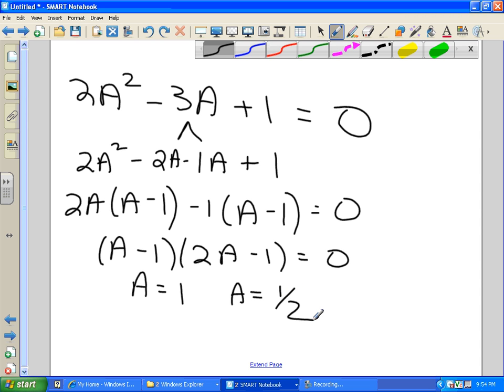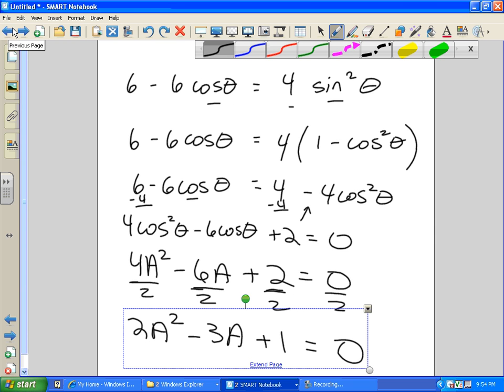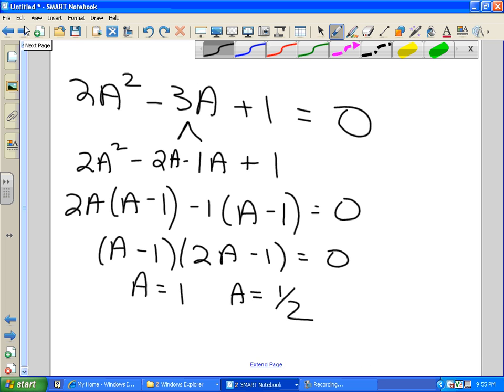Okay, so now let's recall here. Let me go back. What did we let a be? We assigned a to be the cosine of theta. So we'll have cosine of theta equals 1, and the cosine of theta equals 1/2.